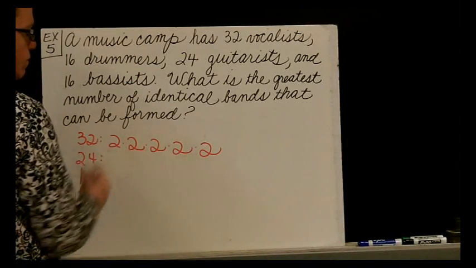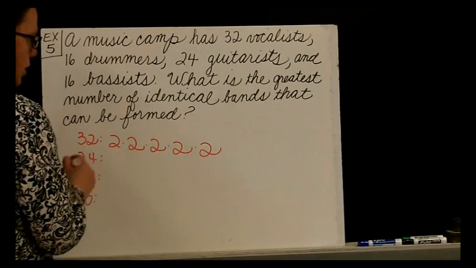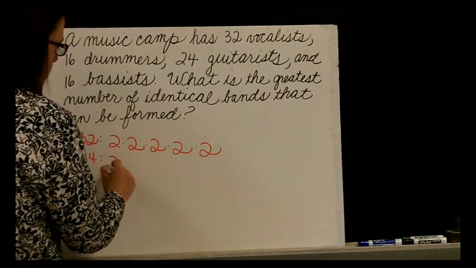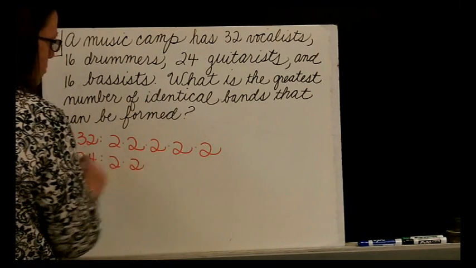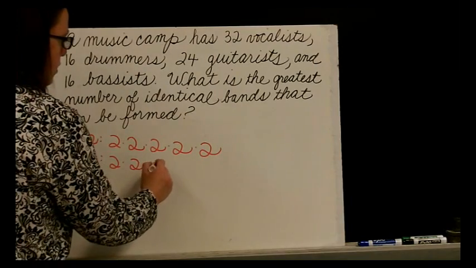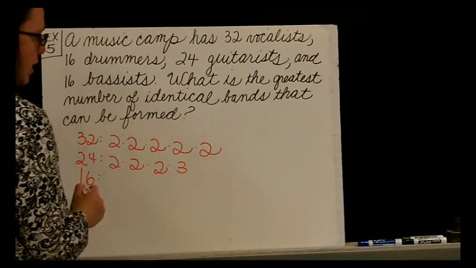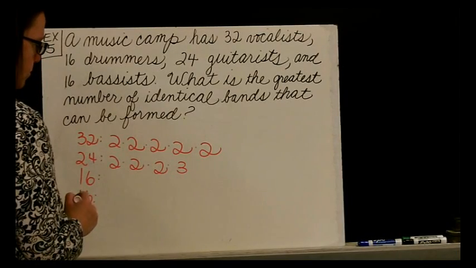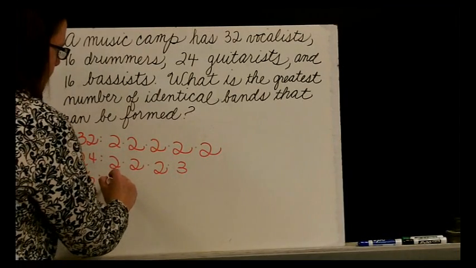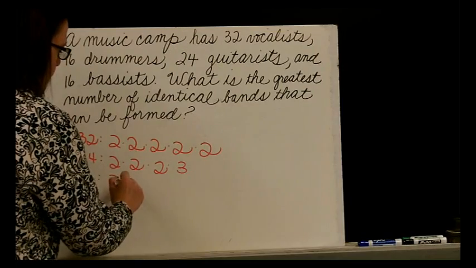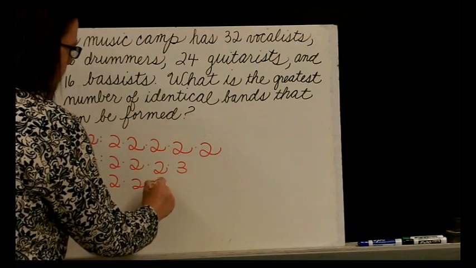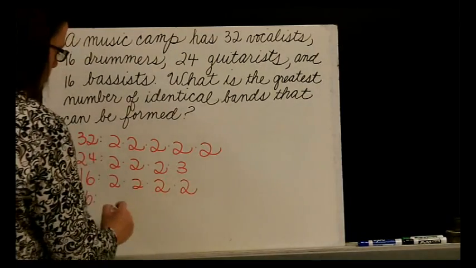So 2 to the 5th power is 32. 24 is 2, times 2, which is 4, times 2, which is 8, times 3. 8 times 3 is 24. And 16 is made by multiplying 2 times itself 4 times.